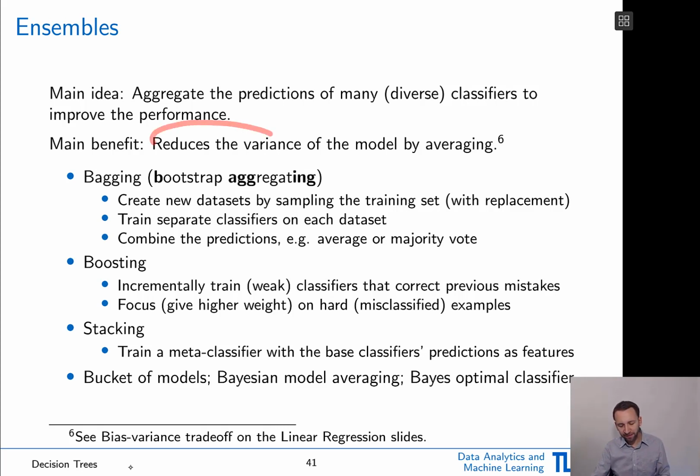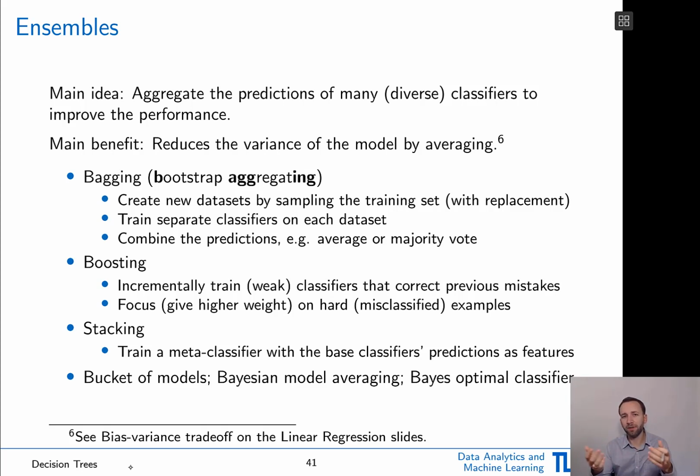And the main benefit is that this essentially reduces the variance in our predictions by averaging out. We'll talk about this bias-variance trade-off later on in linear regression in more detail. But you can already get an intuitive feeling, as we already said for k-fold cross-validation. Since you're making multiple predictions, multiple runs so to say, you average out your predictions.